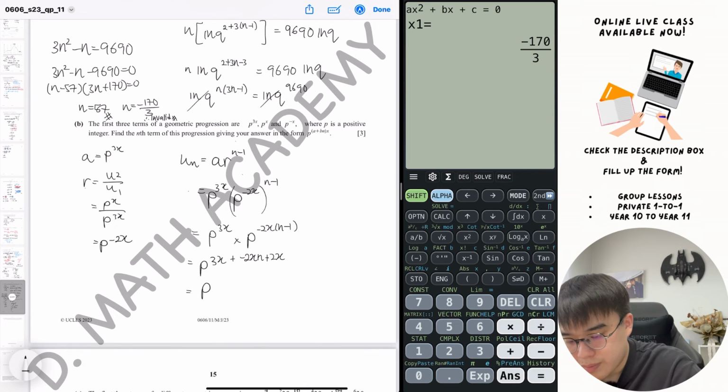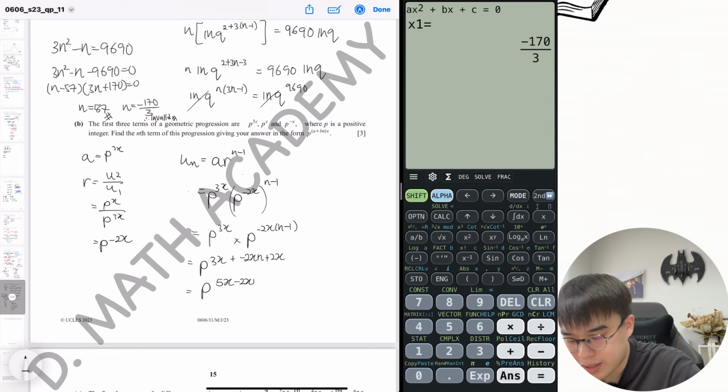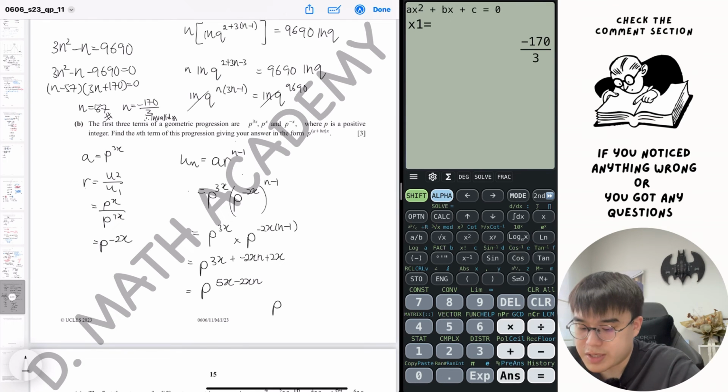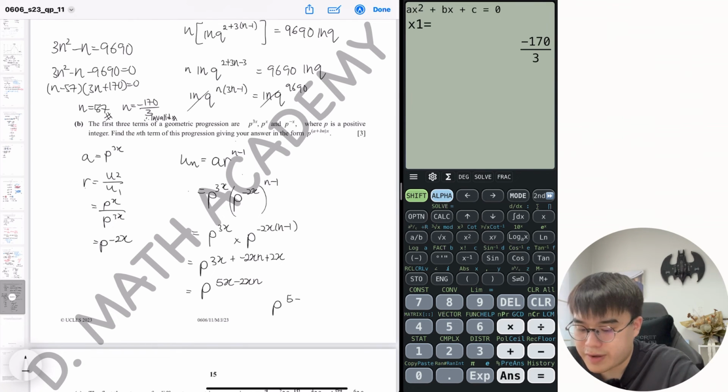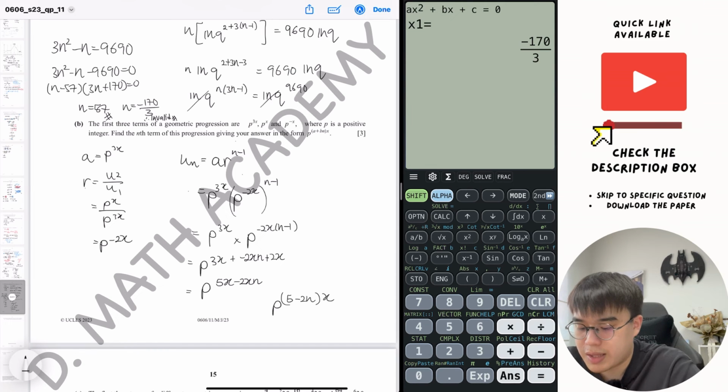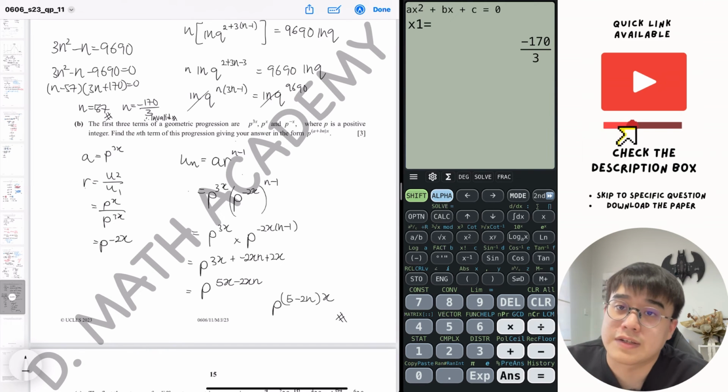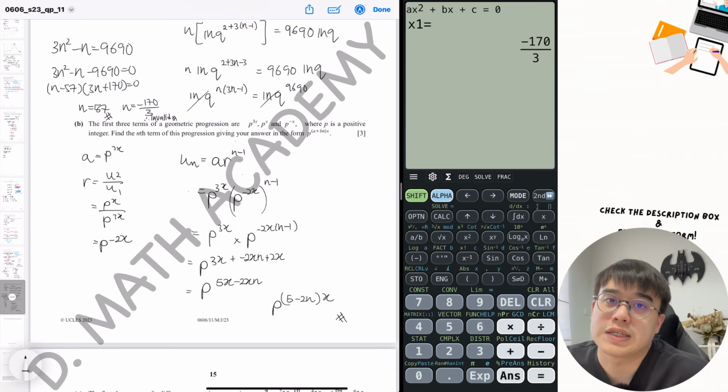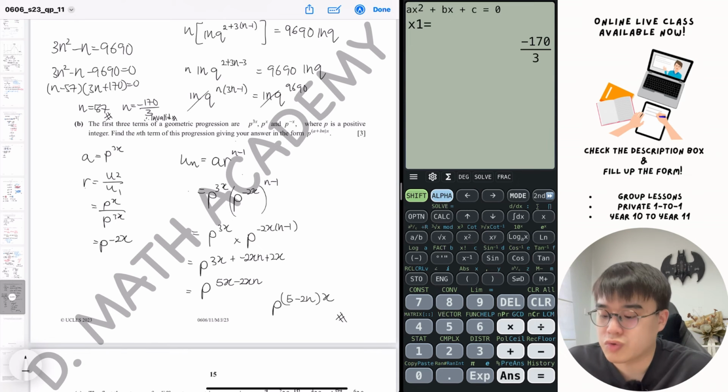So all of them you can combine into 5x minus 2x n, and when you take out x from them, you get 5 minus 2n as your final answer. Okay, or at least this is what I'm going to write lah.